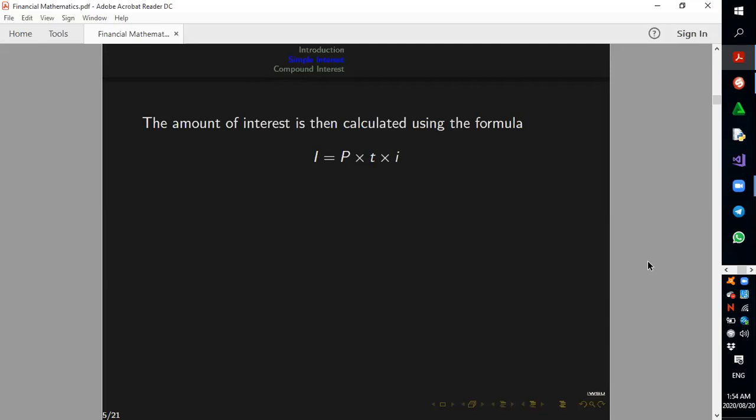This is the formula, or the method, of calculating that particular amount of interest. It's multiply, it is not plus.